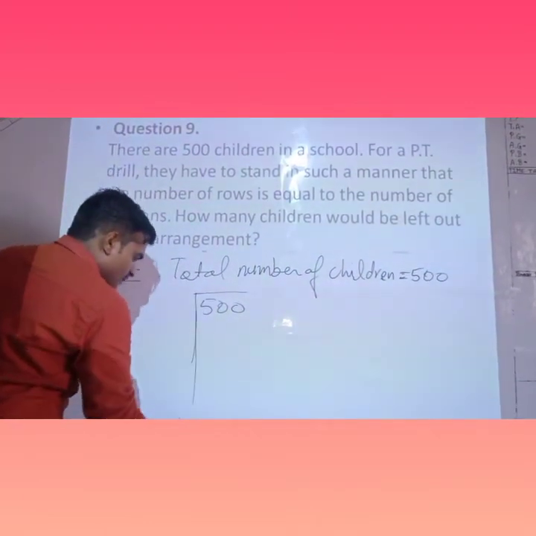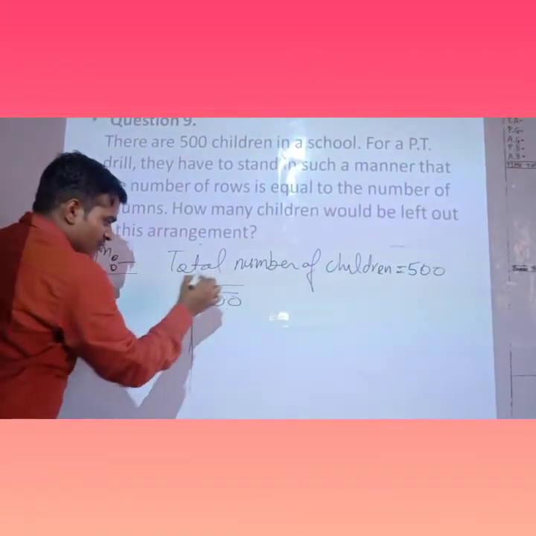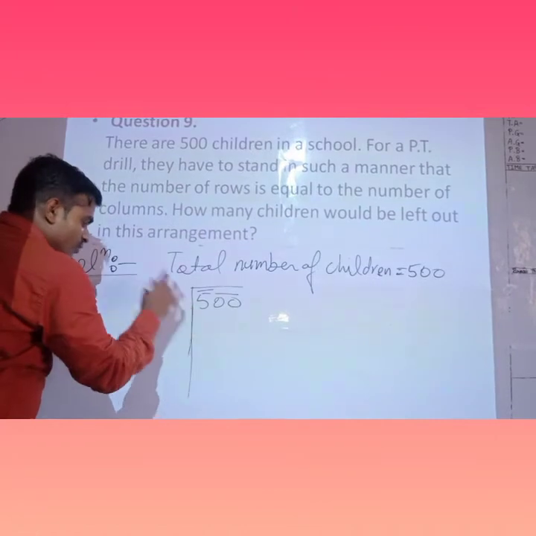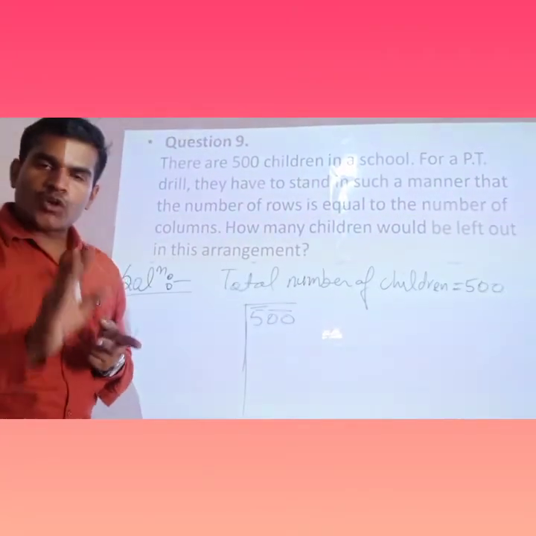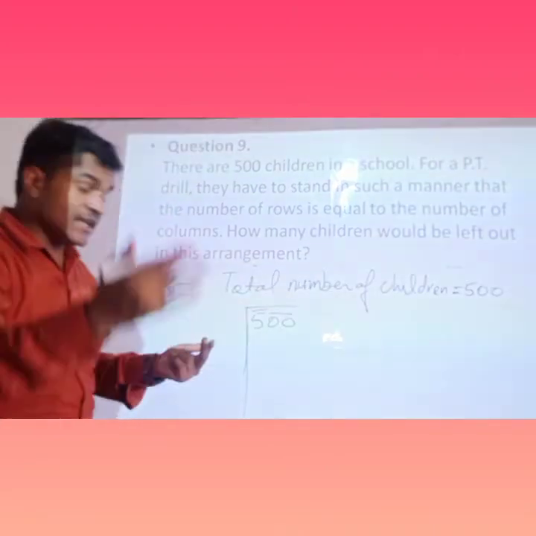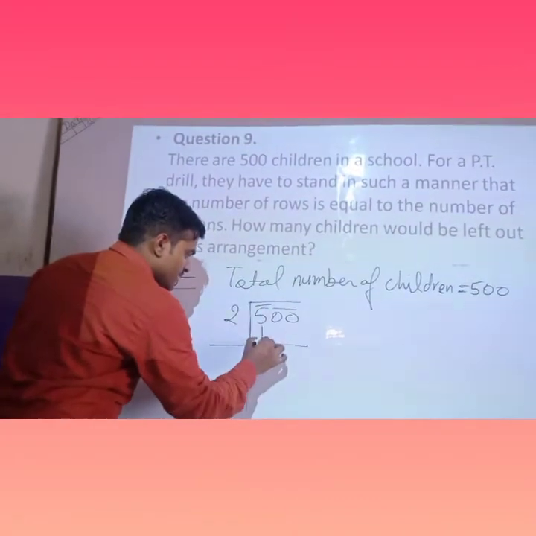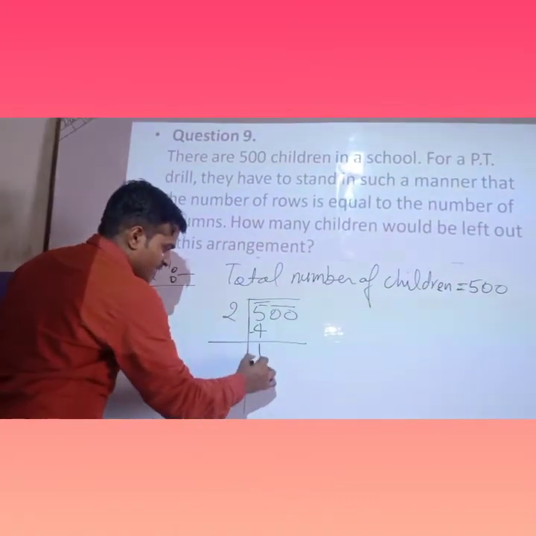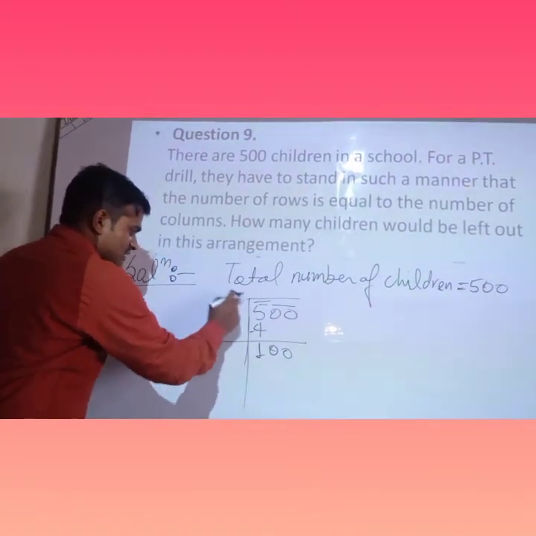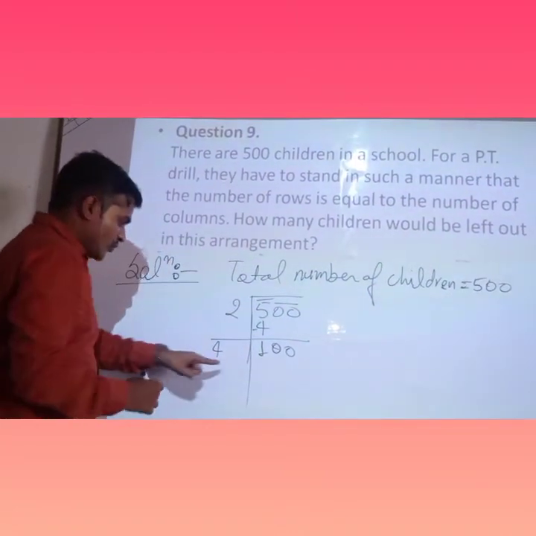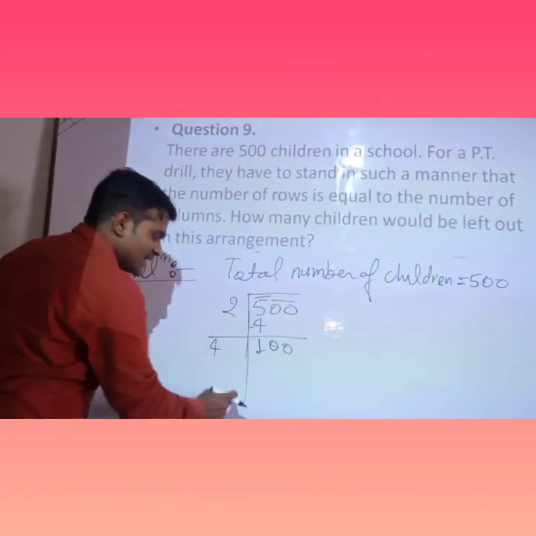Okay, make pairs from the unit digit, so place a bar there, and the leftmost digit is 5. So we have to find the number whose square is equal to or less than 5. So 2 is there, 2 2s are 4. We subtract it, we get remainder 100. Now twice the divisor, that is 4. What number do we have to write there? By that we multiply to get 100 or less than 100.